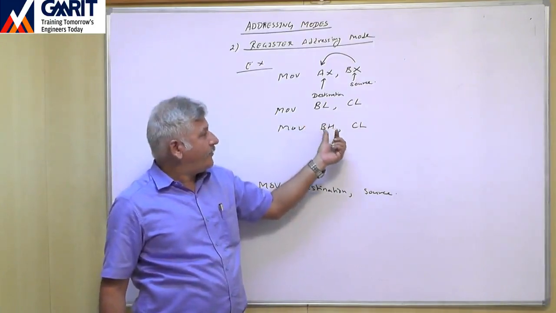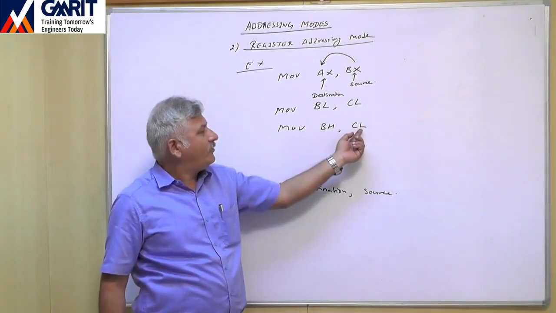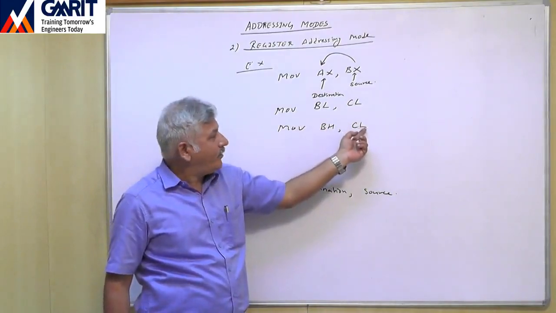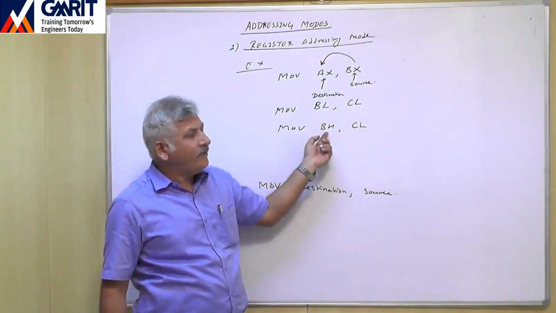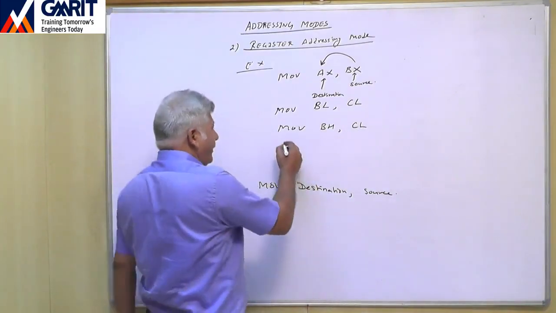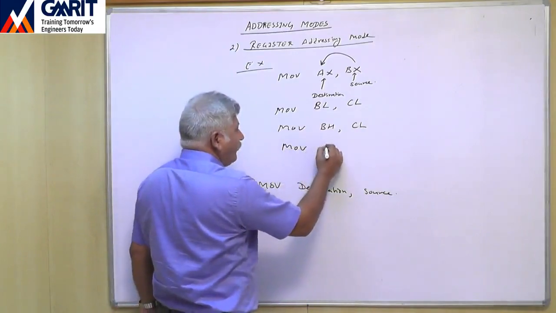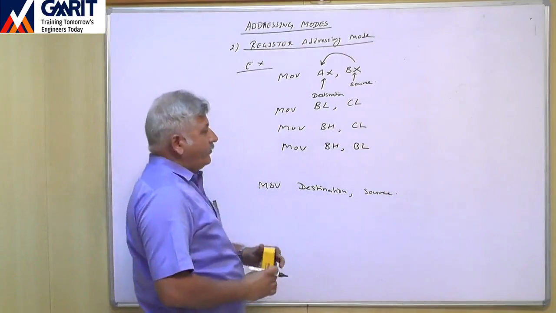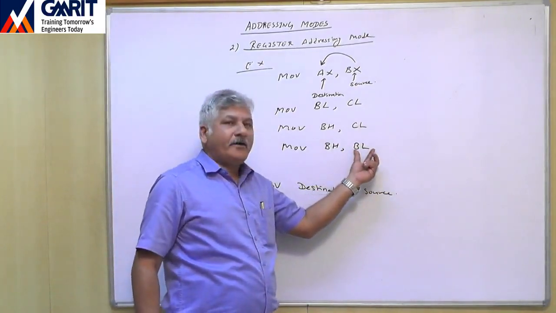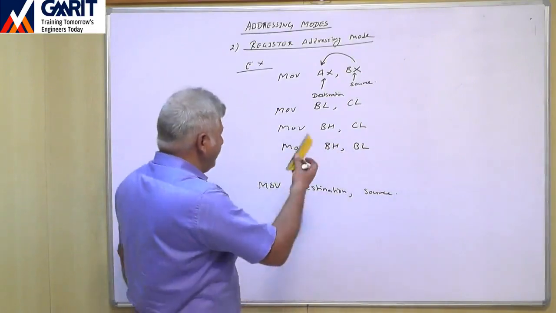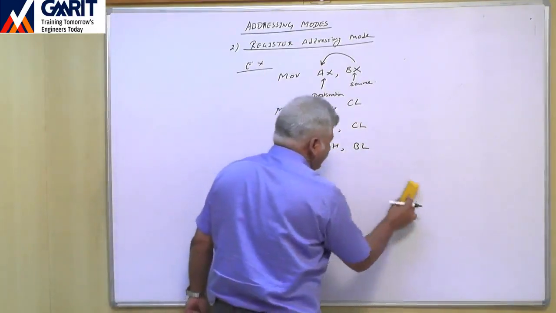So it is possible that source and destination can be of different halves. Lower 8 bits of one register can be moved in higher 8 bits of another register. Or another example, move BH, BL. So here 8-bit content of BL will be moved in BH. So you can use any combination.